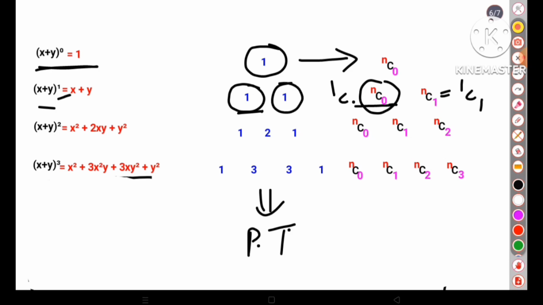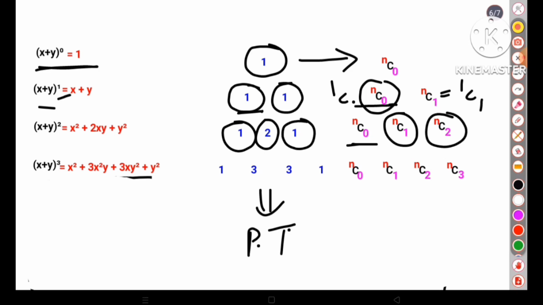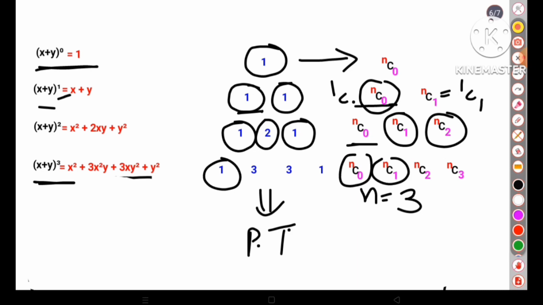Similarly, in this case, n is 2. So, 2C0 is equal to 1, 2C1 is equal to 2, and 2C2 is again equal to 1. Similarly, for this expression, here n is equal to 3. So, 3C0 is equal to 1, 3C1 is equal to 3, 3C2 is again equal to 3, and 3C3 is equal to 1.